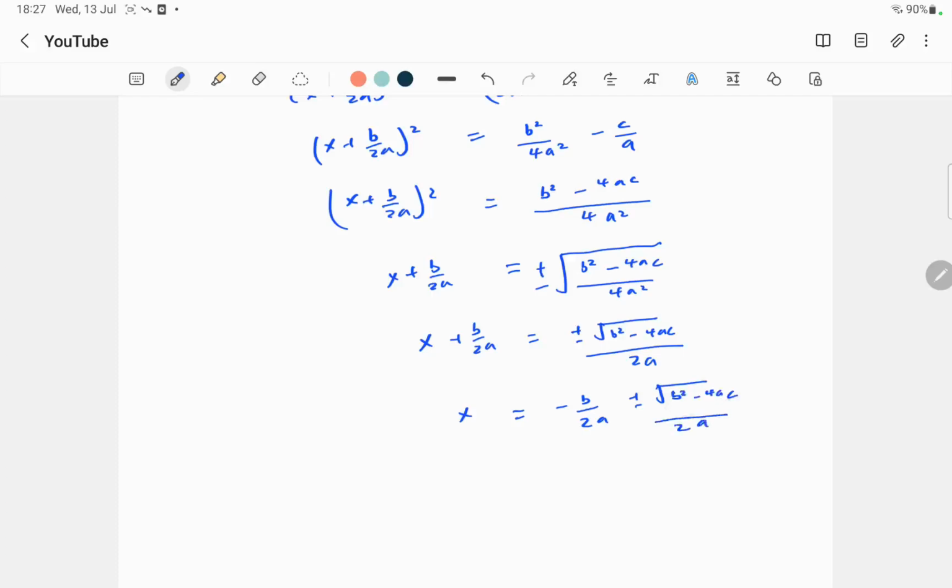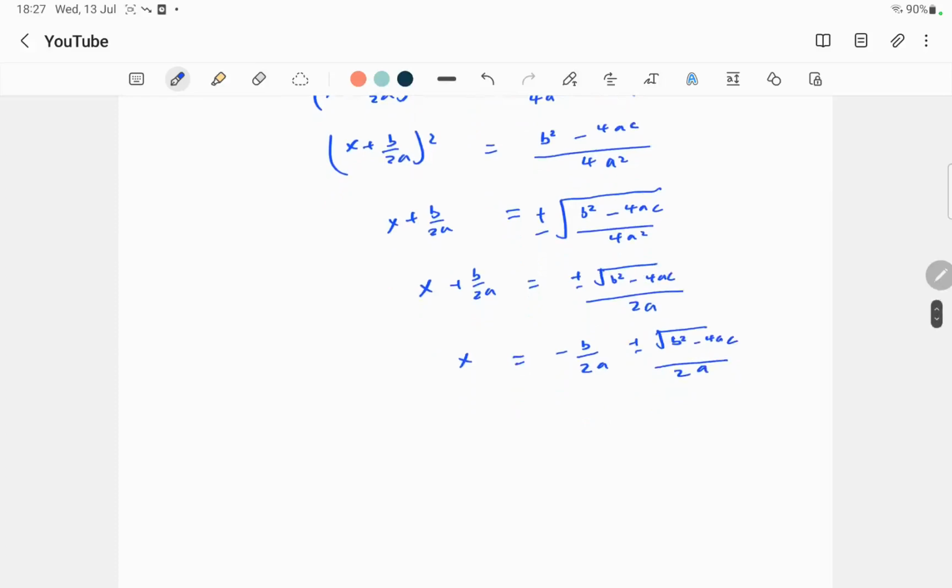Notice or not? Both terms have the same denominator. That's why you can combine them. Do you notice or not? Finally, we managed to get the formula of the quadratic equation by completing the square.